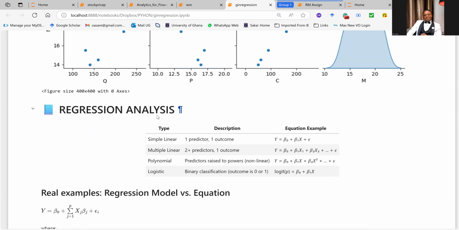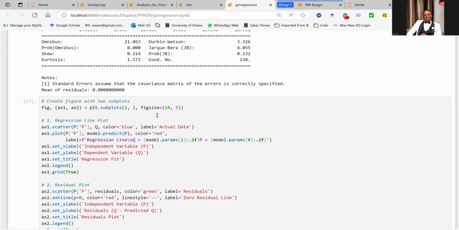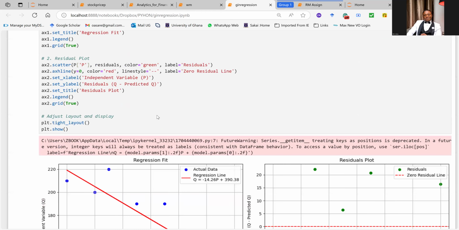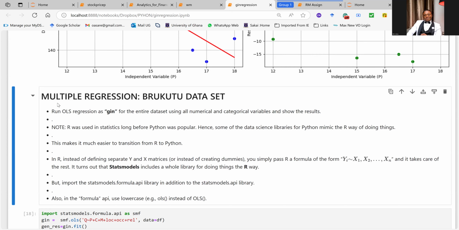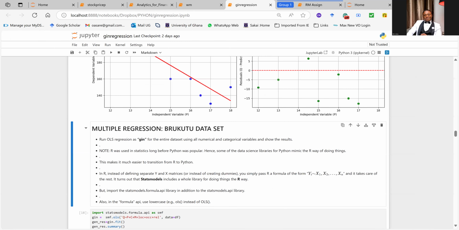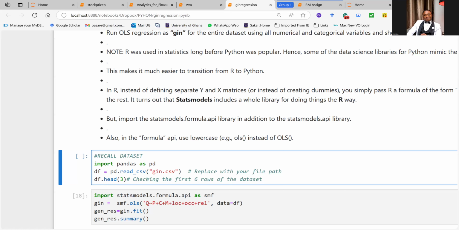Okay, so I'm starting multiple regression and I want to run the data set, but I want to go back here. So I'm just going to create a cell there and just load the data set. Okay.